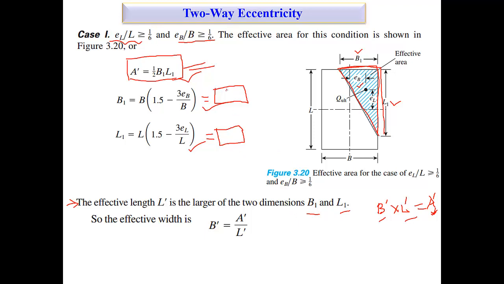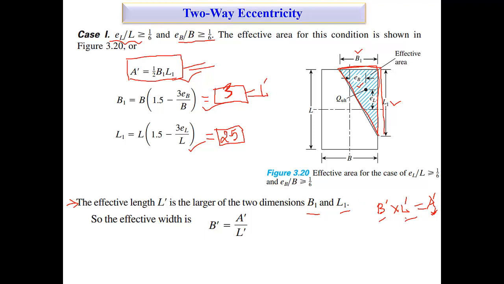Suppose this is 3 meter, just for an example, and this is 2.5 meter. So what would be your L prime? Sir, 3. Very good. That would be your L prime, right?